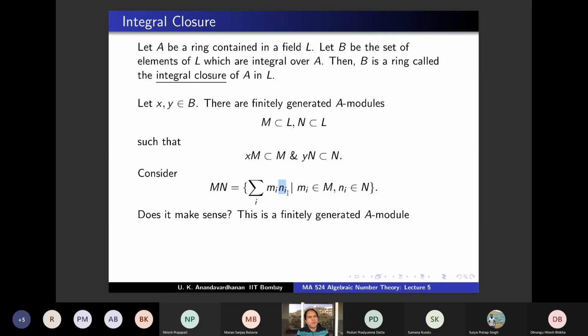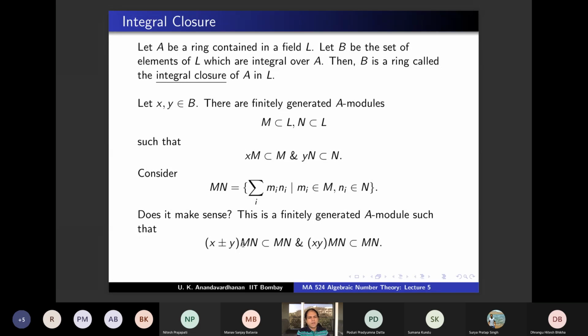So the product will be a polynomial expression in x and y, and a finite sum of that again will be a polynomial expression in x and y. So this product is nothing but A[x,y], and that's a finitely generated A-module such that x plus y times that is contained in that, and xy times that is contained in that. As I guess it was Manav.